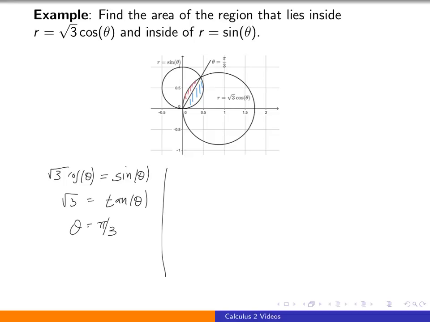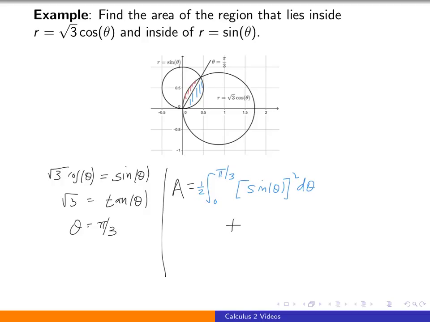So once again, for that enclosed area, this is going to involve two parts. We first have this blue shaped region, so that would be the integral from 0 to pi over 3, 1/2, and then the curve we're looking at is sine, so sine of theta squared.